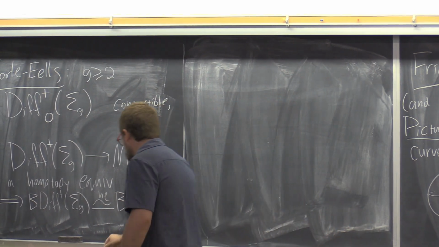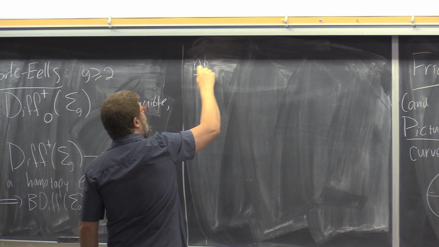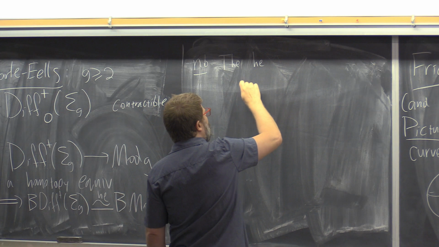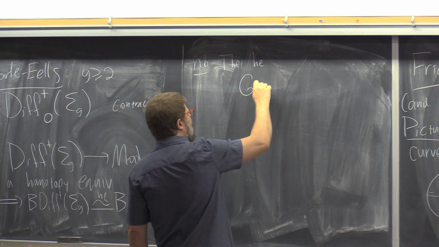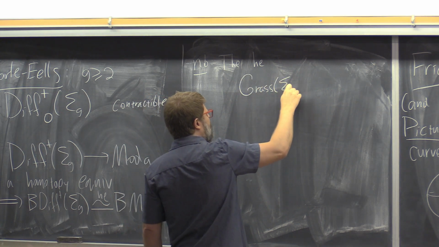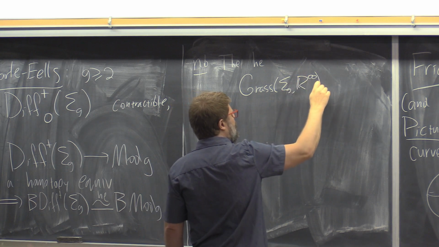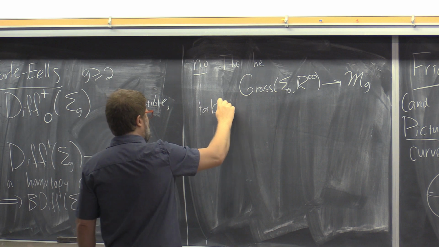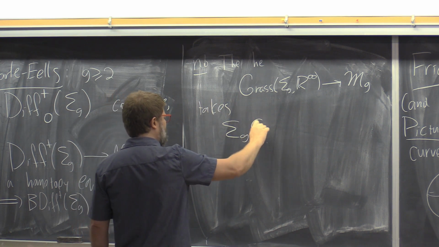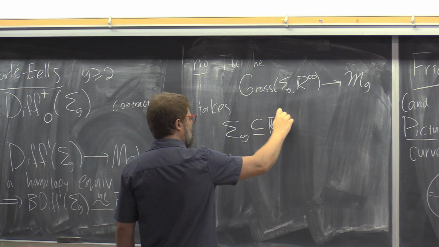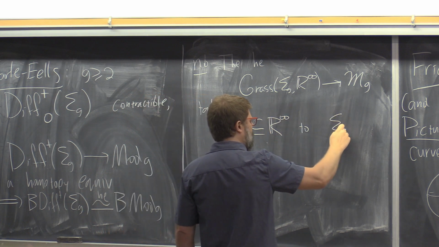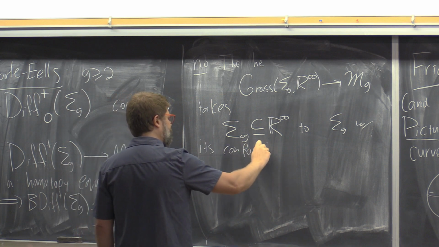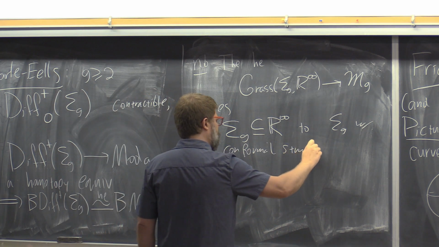The homotopy equivalence goes from the Grassmannian of surfaces inside R^∞ to M_g.